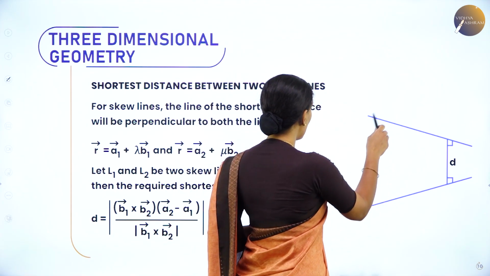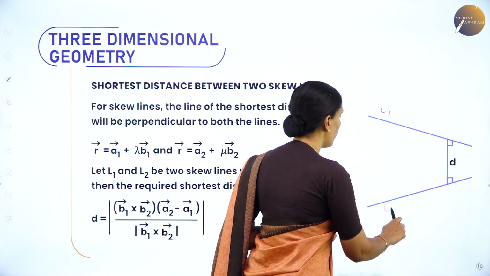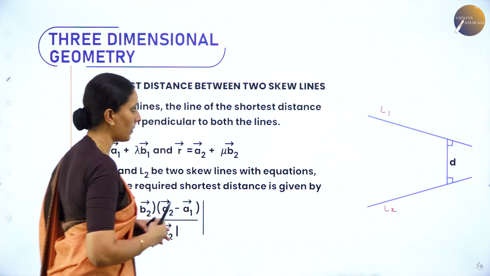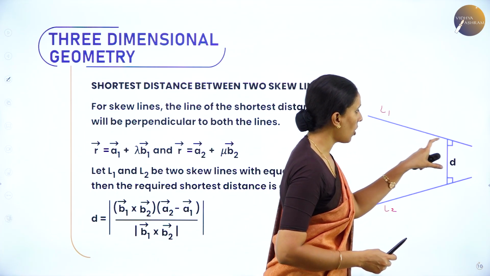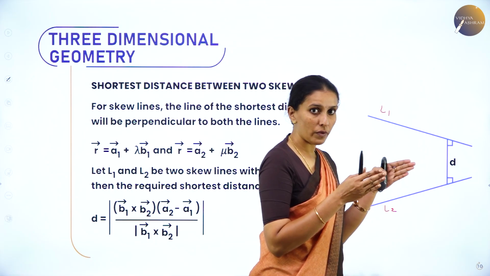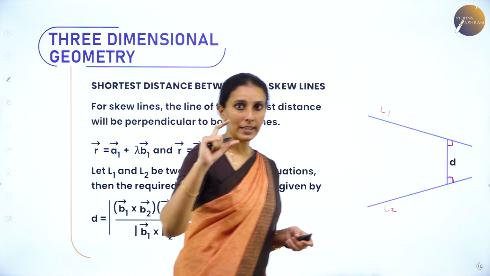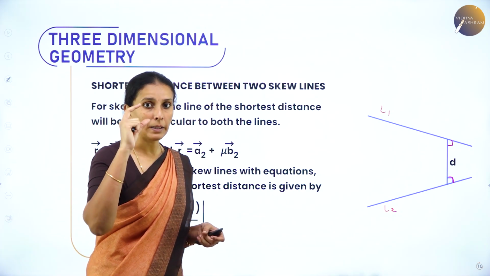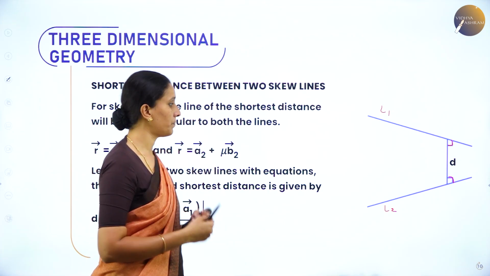Let me consider this as line L1 which is lying on one plane and L2 which is lying on a different plane. Now the shortest distance between the two lines is always the line perpendicular to both the lines.